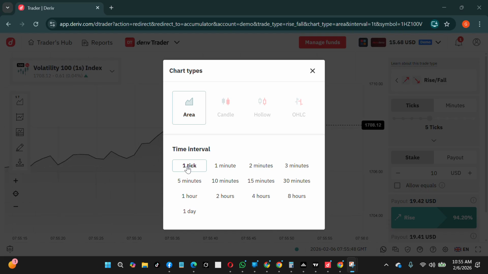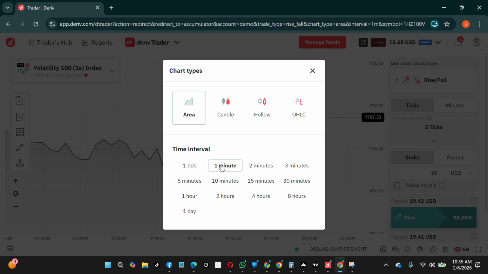So the minimum time frame, what did we say? 1 minute. You just come here and select the 1 minute time frame, and automatically the candlestick area will open within seconds. Once we have selected that, you can select up to 2 minutes, up to 1 day, that's 24 hours.